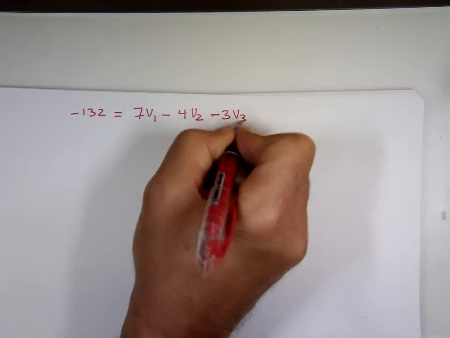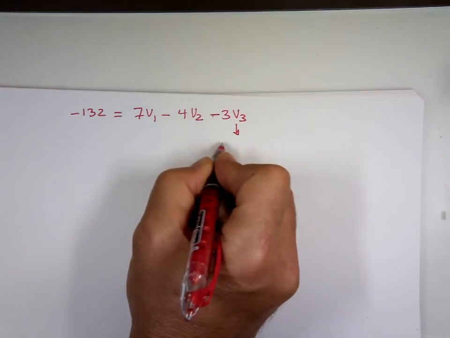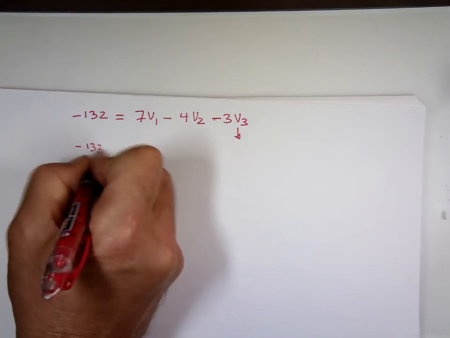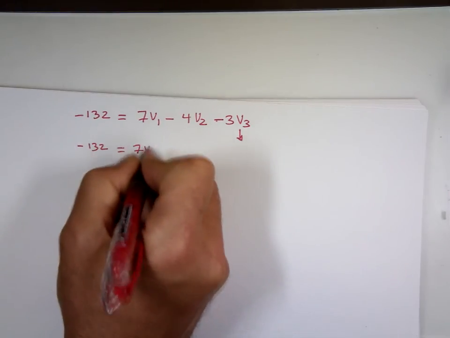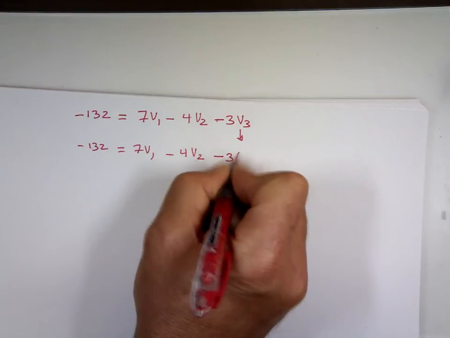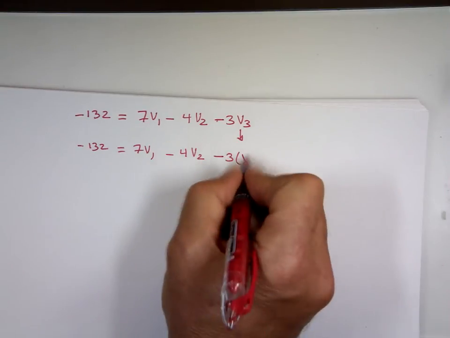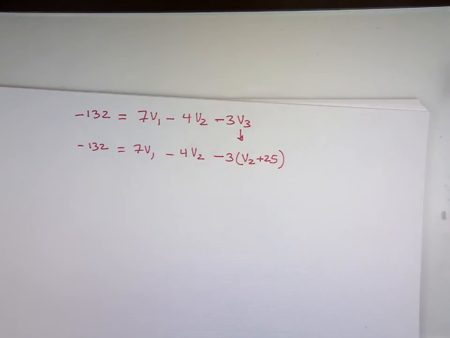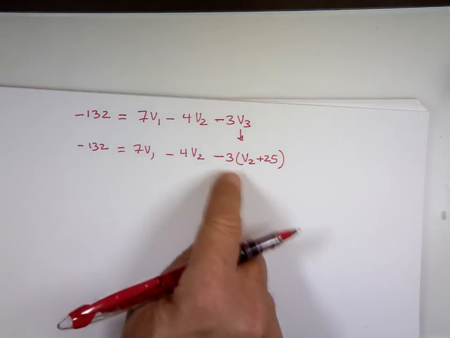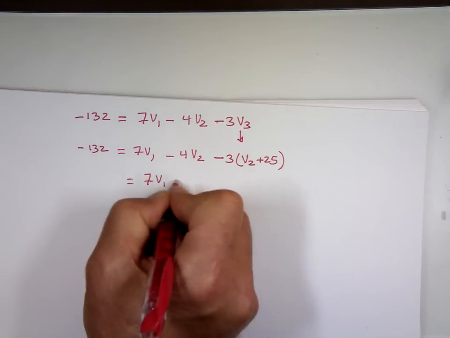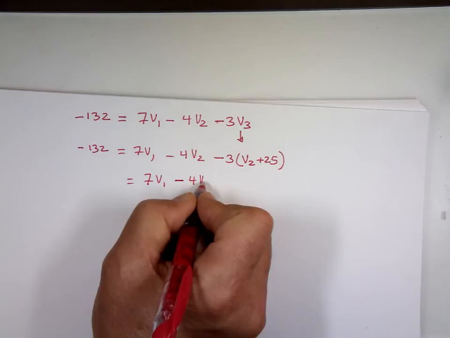If I take V3 and replace it with V2 plus 25, minus 3 times that, you'll have 7V1 minus 4V2, and what's 4 and 3?